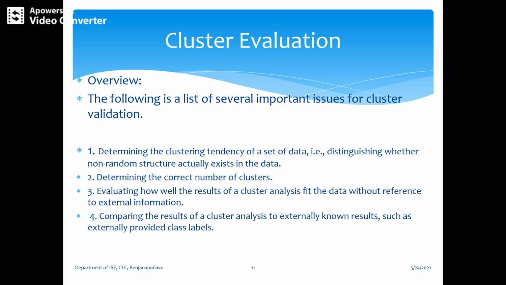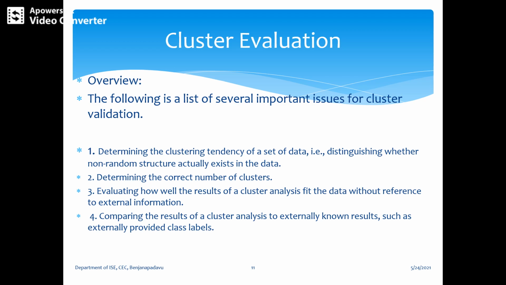Second point, so here the first point is what is said: clustering tendency. We should always see that non-random structure. Second, here, determining the correct number of clusters was to be determined by using any kind of method.